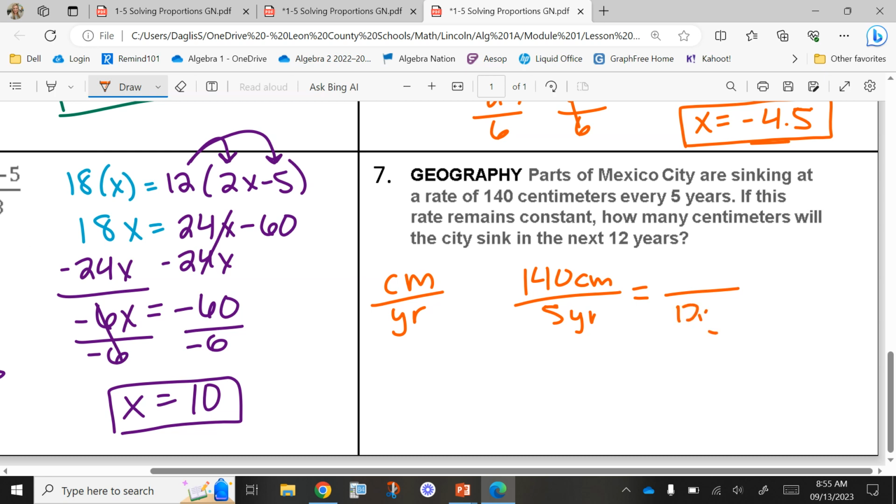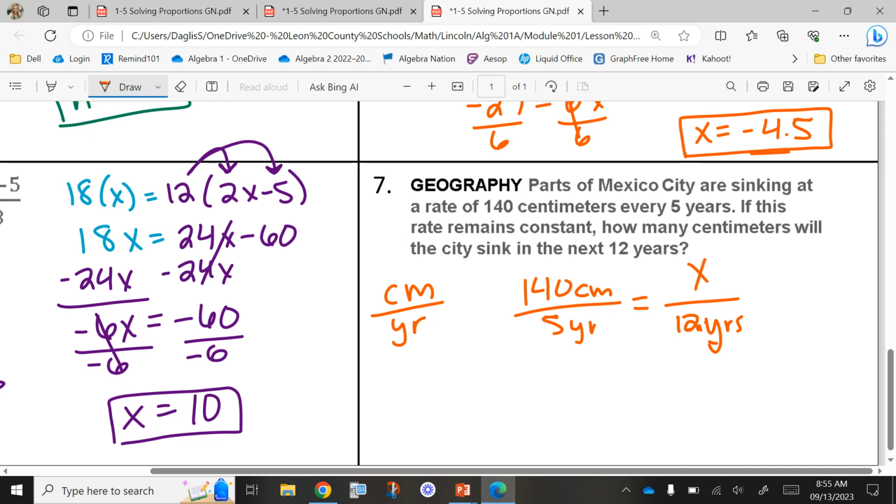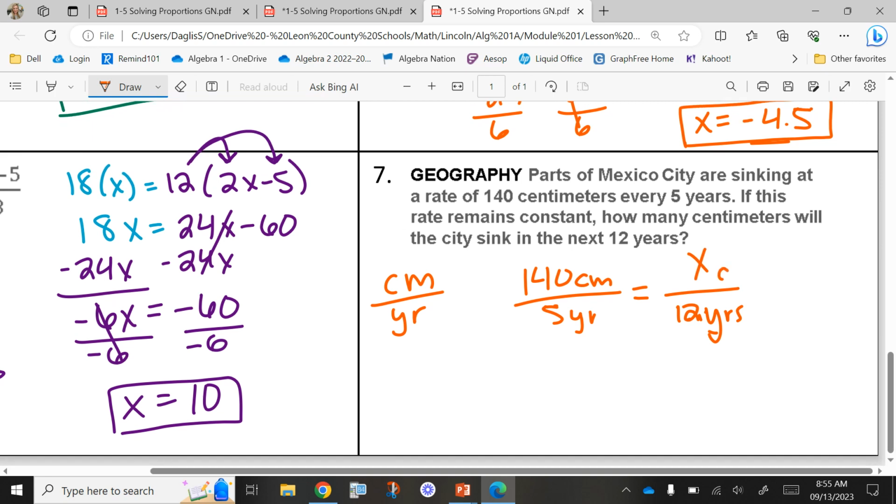So I know 12 years. Come on, Pin. I just gave you a new battery. There we go. We don't know the centimeters, right? So this is where my x is going to go. So 140 centimeters in 5 years equals, I don't know how many centimeters, but I know it's 12 years. Does that make sense of how to set it up?